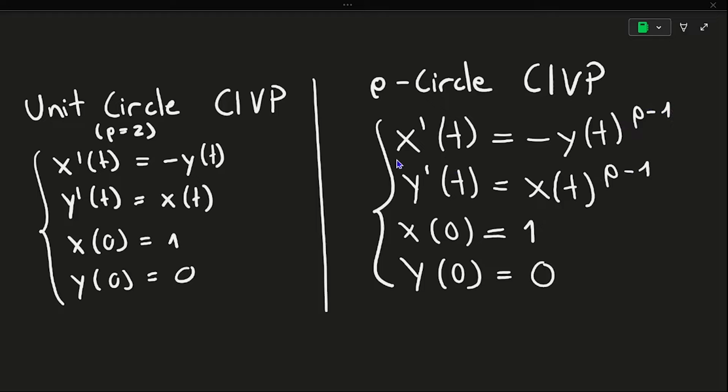But why and where does this come from? Just to get a bit of intuition, plugging in 2, because in the unit circle we were dealing with the 2 circle, you see that 2 minus 1 gives us 1, and then we get back the normal CIVP that we derived before. So it seems to work, but let's see where the rigorous proof comes from.